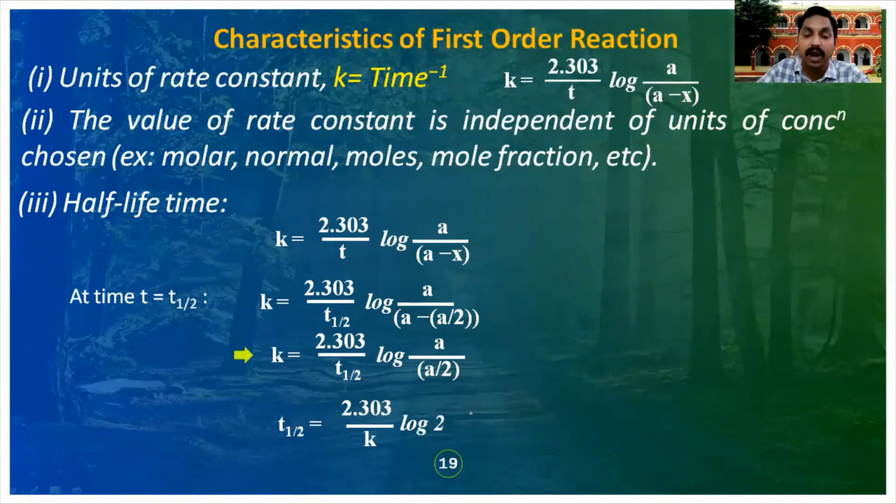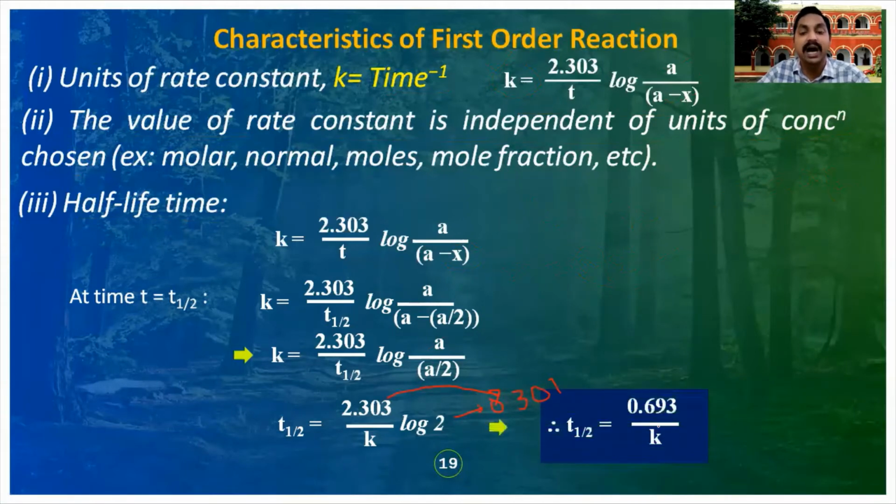We know that log 2 is equal to 0.3010 or 301. So if you multiply 2.303 with 0.301, that will be equal to 0.693. Thus t half is equal to 0.693 by K. Like this, we can derive the expression for the half-life time of a first order reaction.